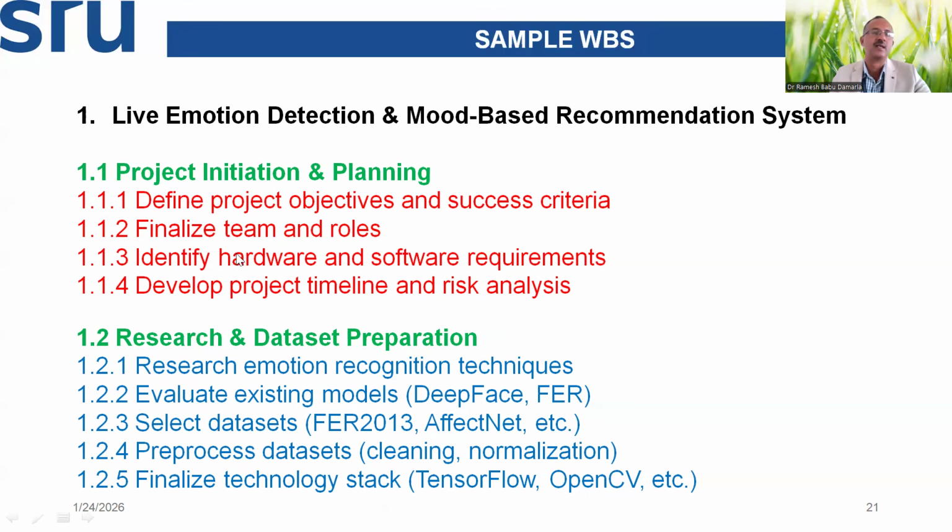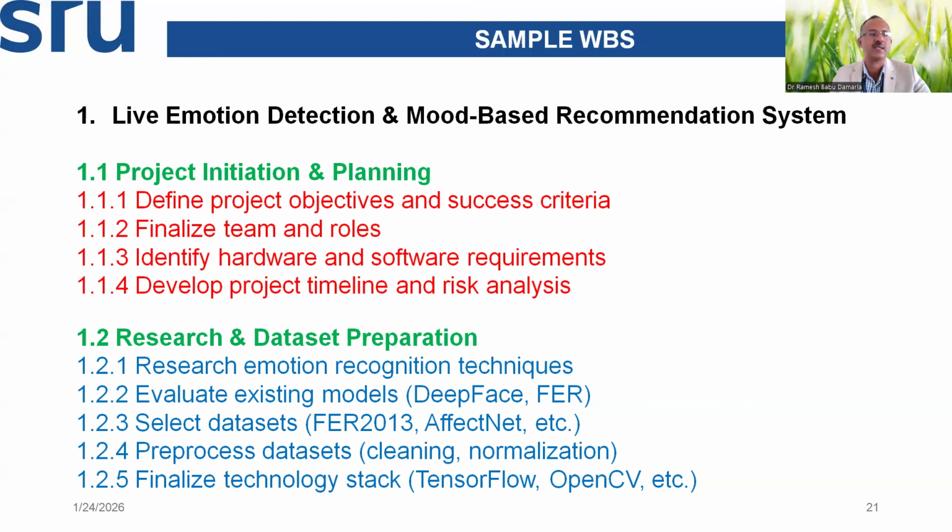Then another task under 1.1 is analyze the teams and roles, the task deployment activity, 1.1.2. Then identify hardware and software requirements, another document. Then develop project timeline and risk analysis, another document. 4 documents are already under the initiation and planning stage. This is one main assembly.